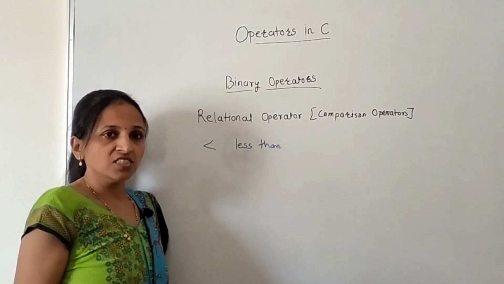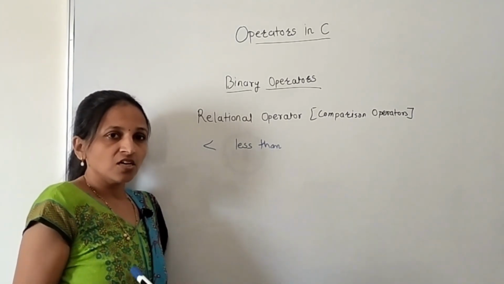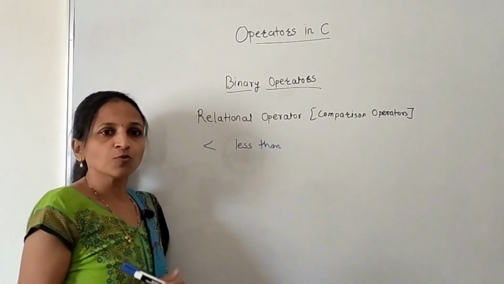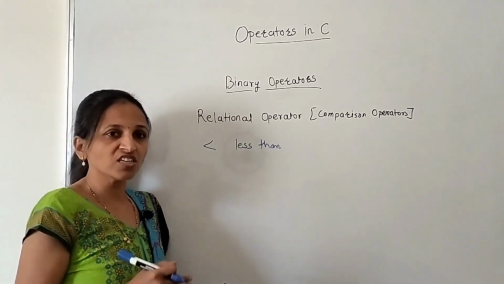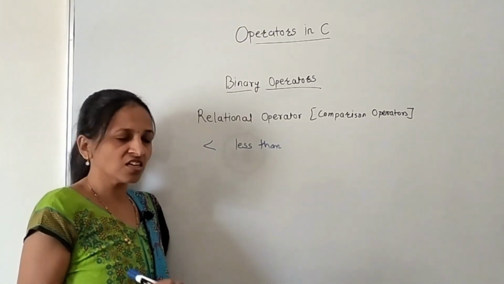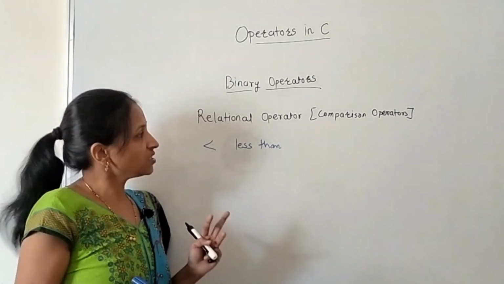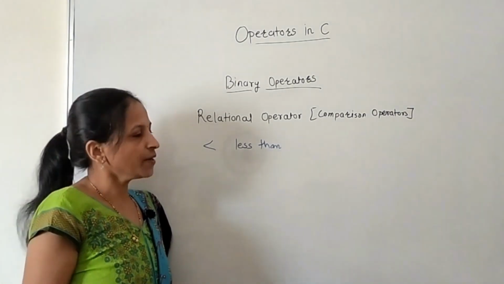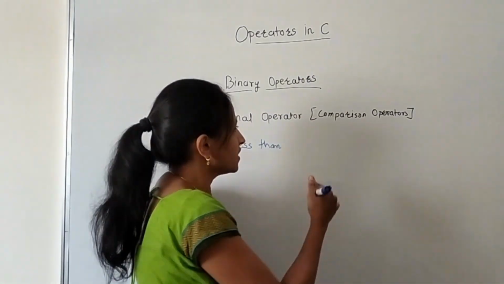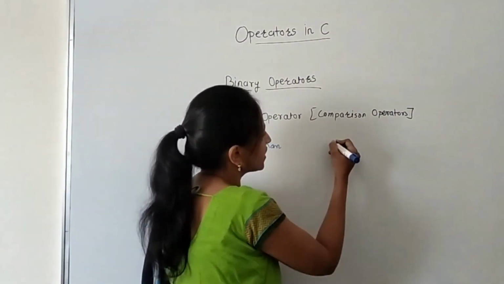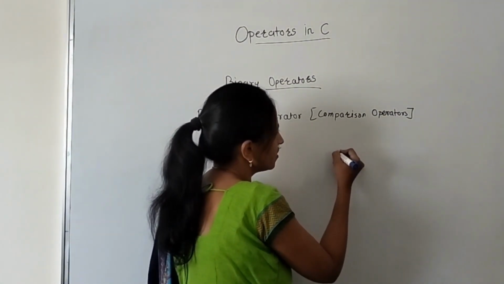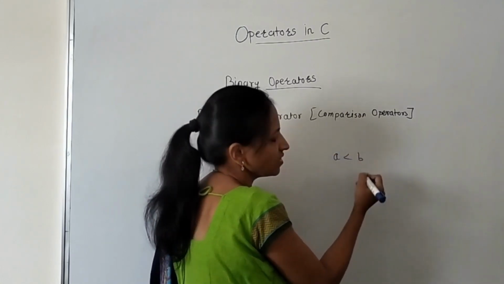Inside the if statement we place a condition, and for that condition we can use these relational operators. The less than operator checks whether the value of one operand is less than the other.